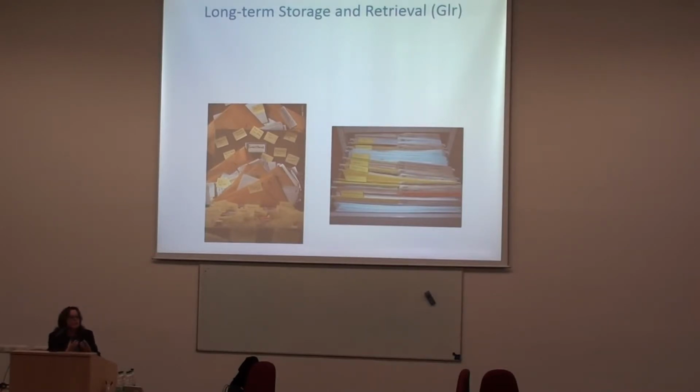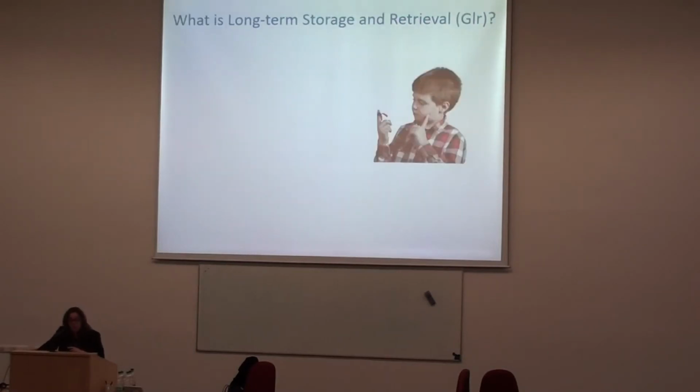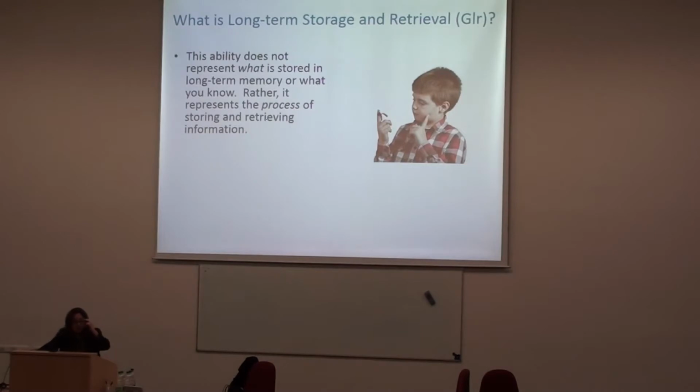And so if we understand this about how individuals encode information, and if they have poor encoding strategies, then we can help them move from this to this through really good techniques for teaching children how to learn. So that's why it's so important to assess GLR.